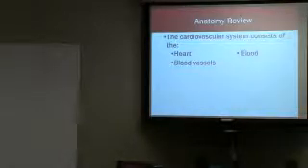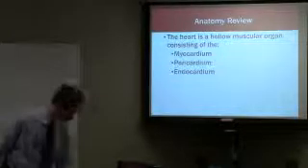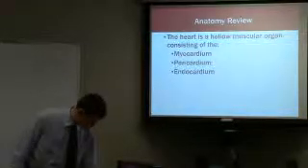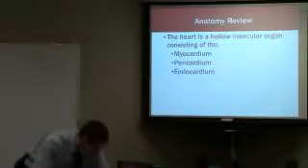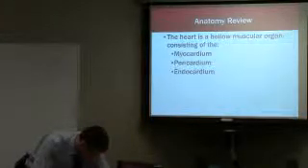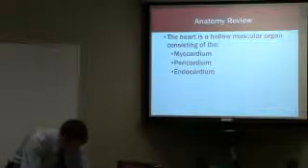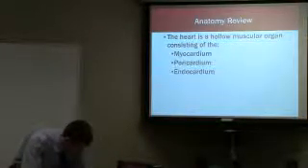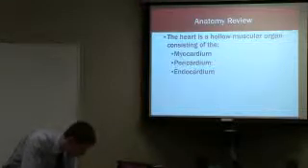So there you go. The heart. Take a look at the book. There's a picture on this PowerPoint, but it's not very good. So if you take a look at the book, page 164, you'll see the different layers of the heart. When we talk about an MI a little later, we're actually talking about the inner part, because we have the epicardium, which is the outer, the myocardium, which is the middle, and then the endocardium, which is the inside.